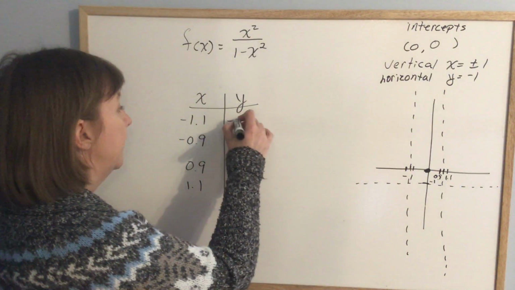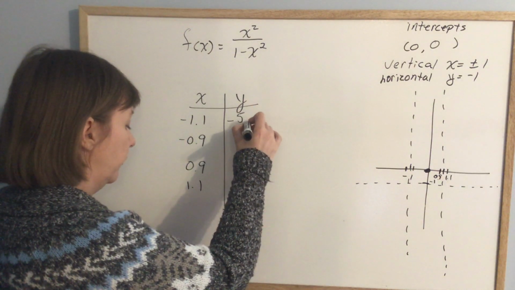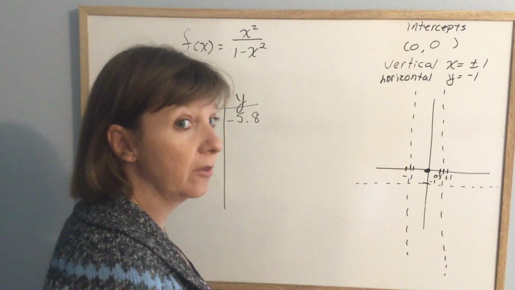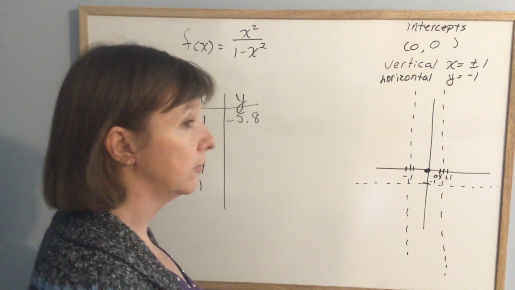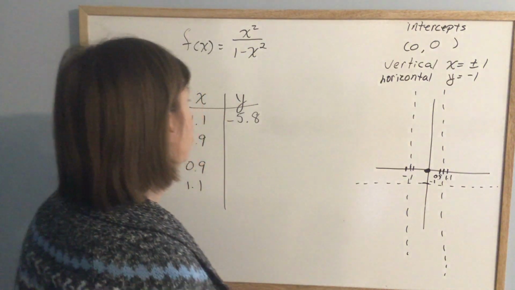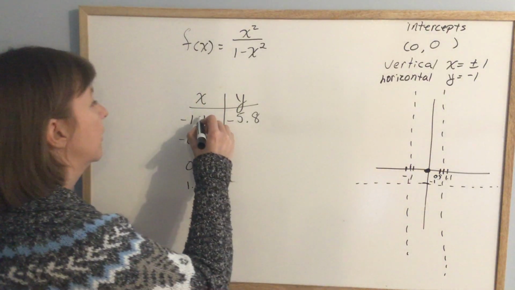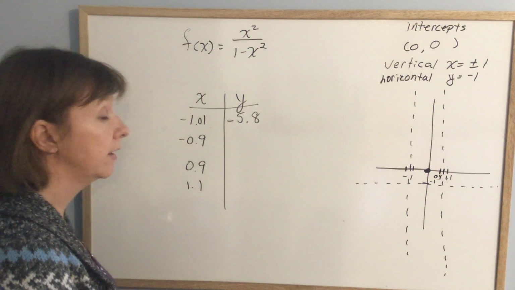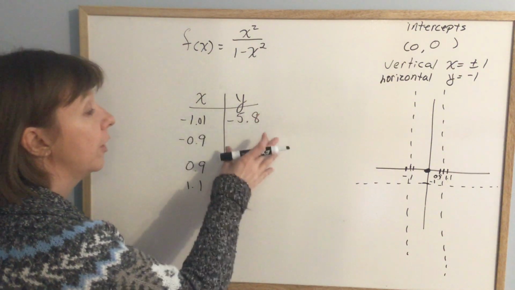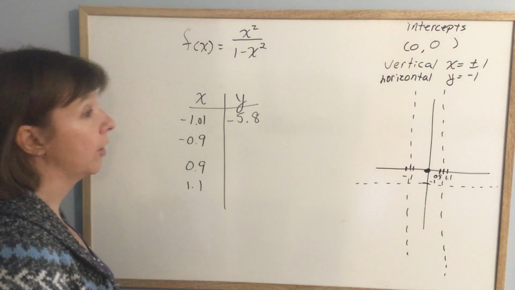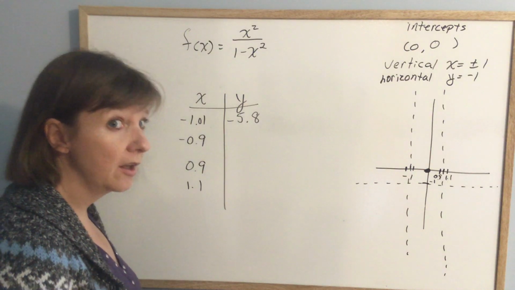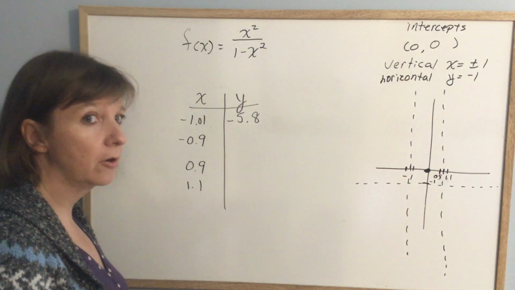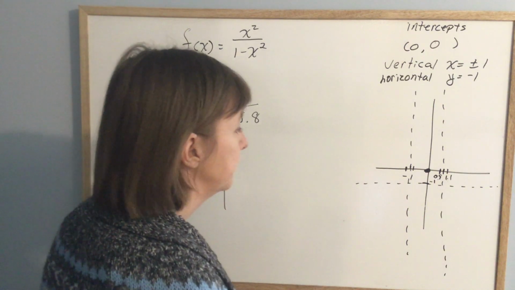I get negative 5.8. Now again, if I had chosen something even closer to negative 1, like negative 1.01, I would have gotten an even lower number than that. I would have gotten negative 58. So the closer you go to that asymptote, the better actually. It'll give you a better clue.